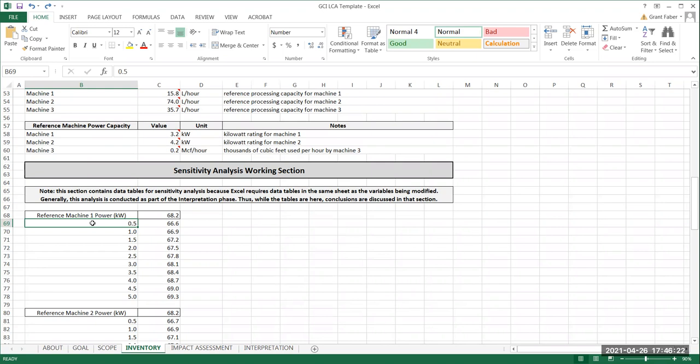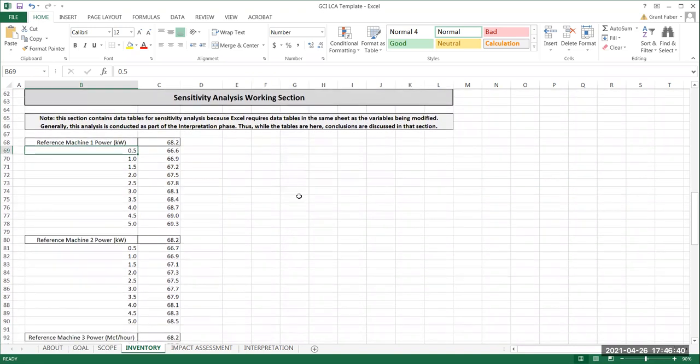Maybe you weren't able to find data necessary to do the modeling to achieve the goal of the study, or maybe something else comes up or needs to be updated. So it is an iterative process, but there's something to note here about these particular sections.